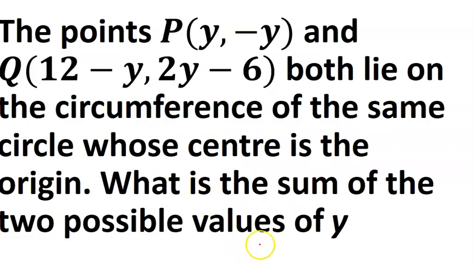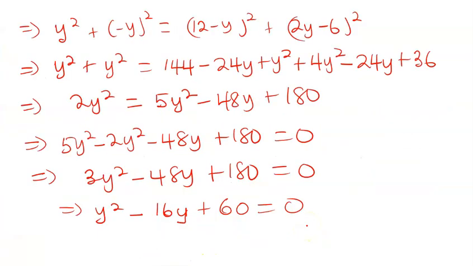We want to find the sum of the two possible values of y. So when you get to this point, there are two ways. So y squared minus 16y plus 60 is equal to 0. One way is to solve this quadratic equation, get two values, and then you add.